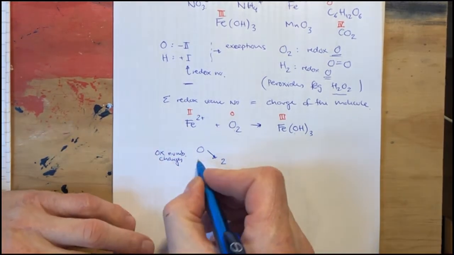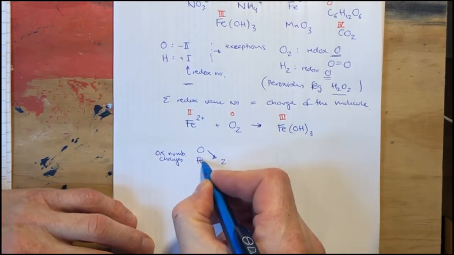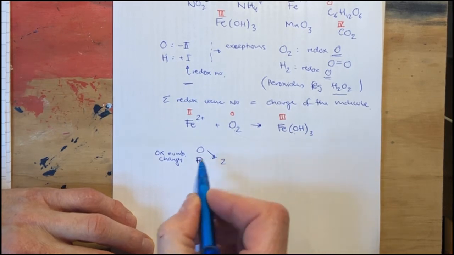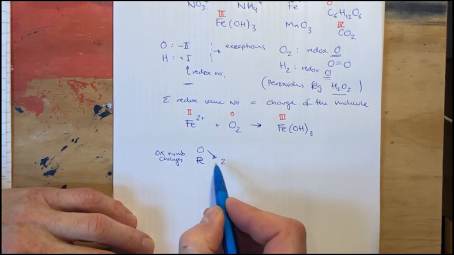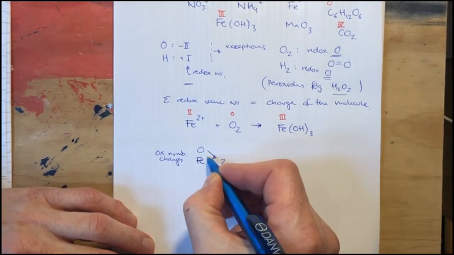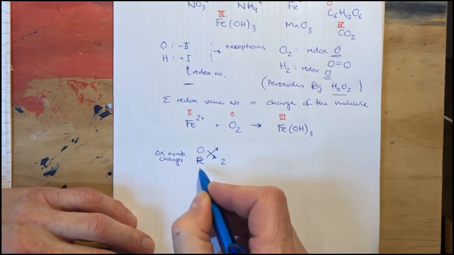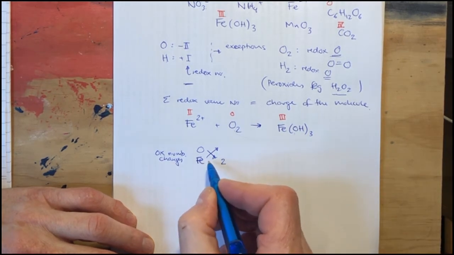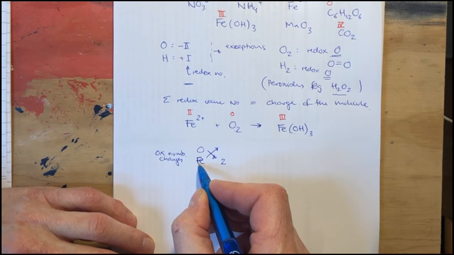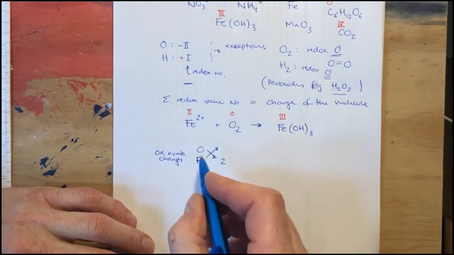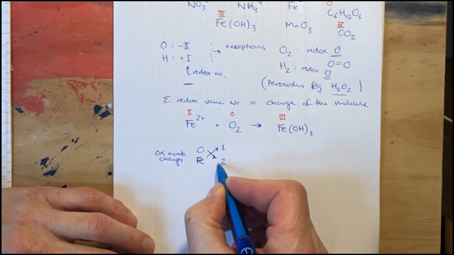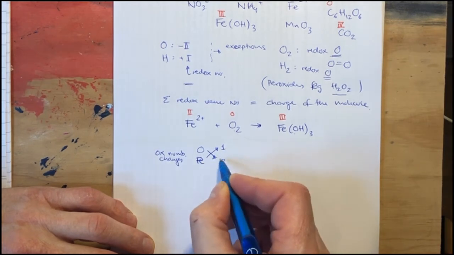Iron is going up. Whenever an atom goes down in redox number, there's an electron transfer, so another one has to increase in oxidation number. In this case, iron is going from 2 to 3, so it's going 1 up. So oxygen is going 2 down, iron going 1 up.